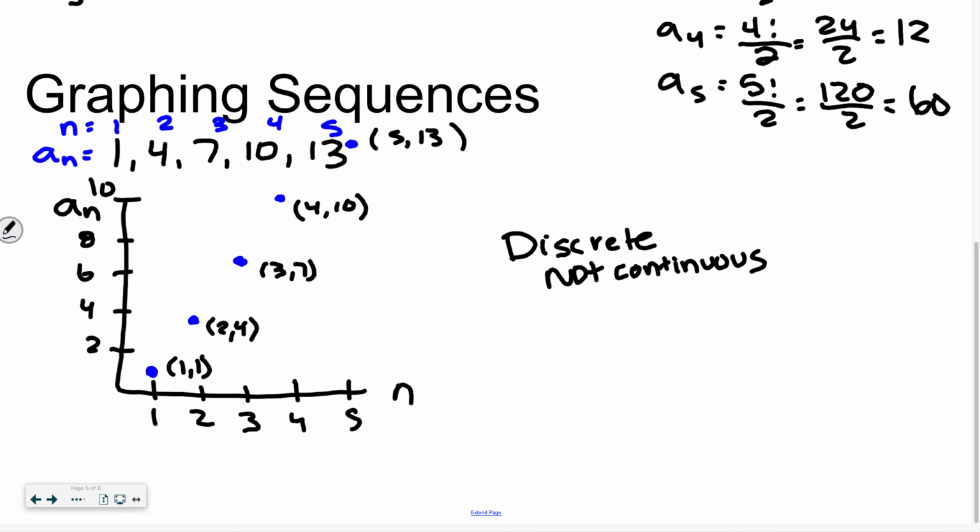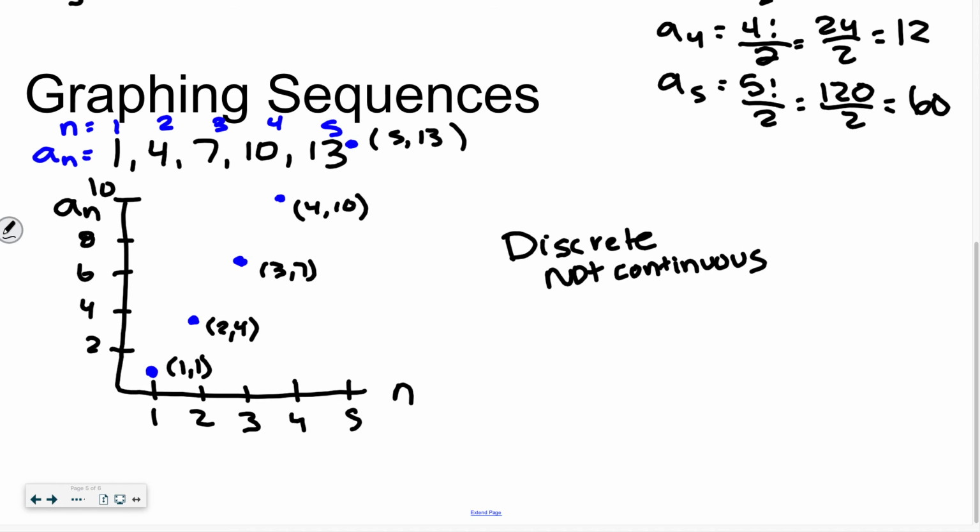And the reason why it's not continuous is if you draw a line connecting all those dots, you're saying that there's some 1.5 something. Is there a 1.5 term? No, there's a first term, second term, third term, fourth term.